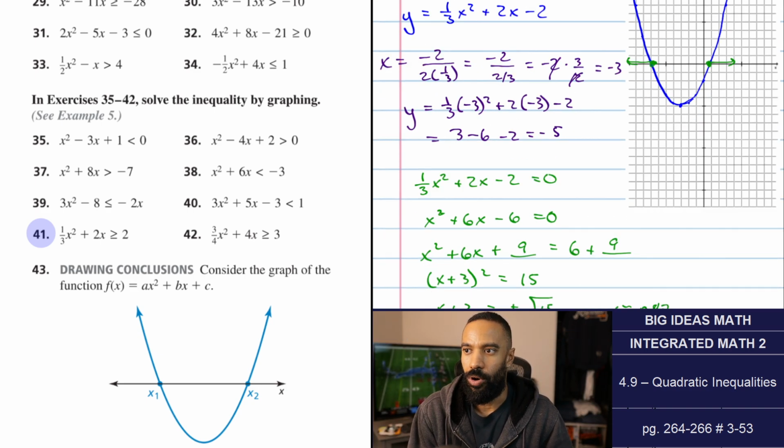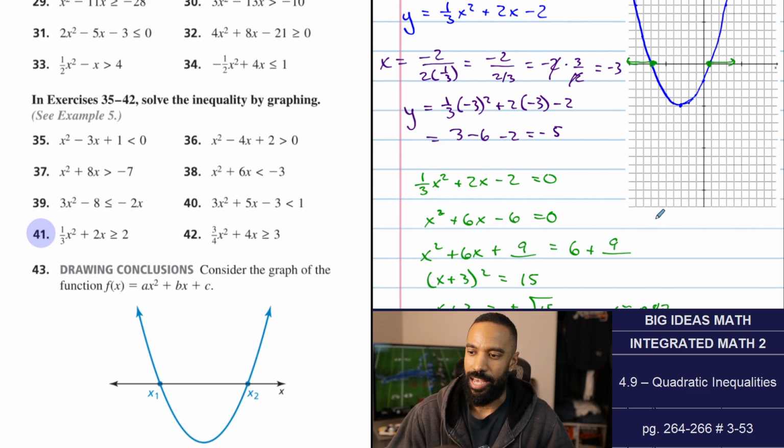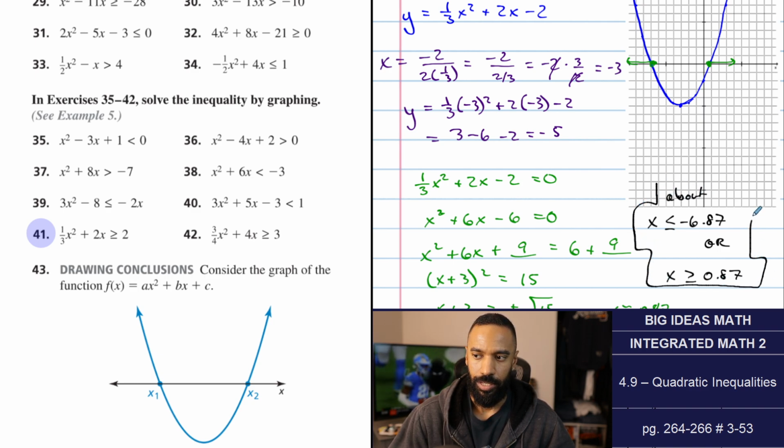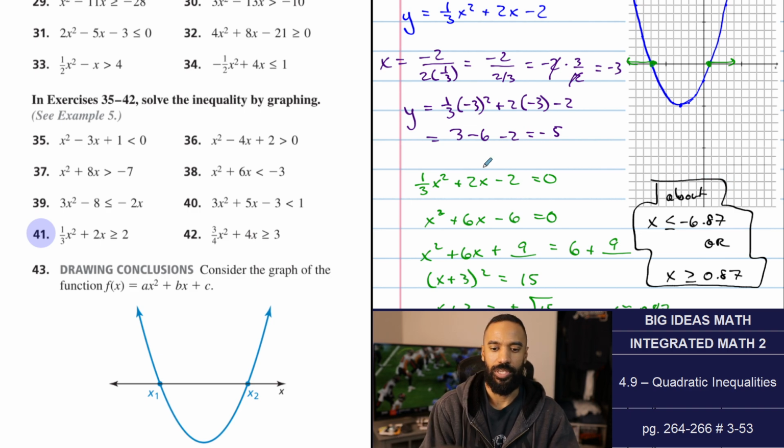So we'll do an OR case for our final answer. We'll say x has to be either less than or equal to negative 6.87, or x is greater than or equal to about 0.87. That's the final set on those ones.